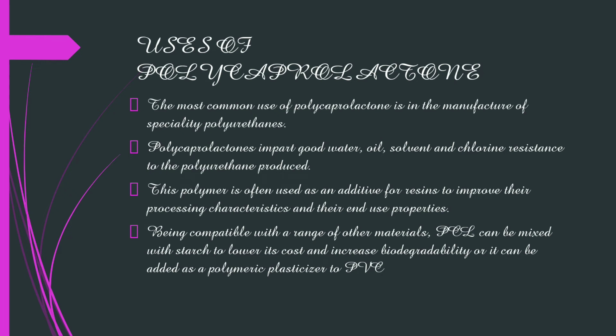This polymer is often used as an additive for resins to improve their processing characteristics and their end-use properties. Being compatible with a range of other materials, PCL can be mixed with starch to lower its cost and increase biodegradability, or it can be added as a polymeric plasticizer to PVC.